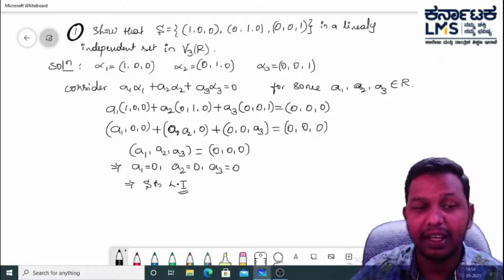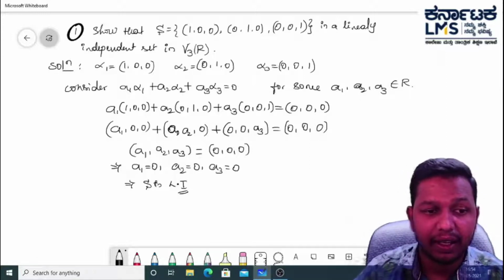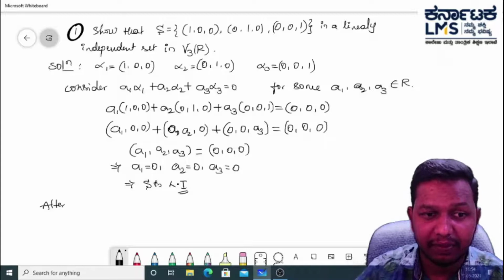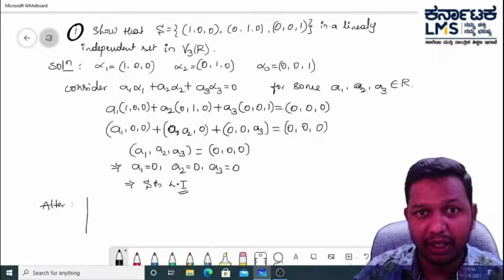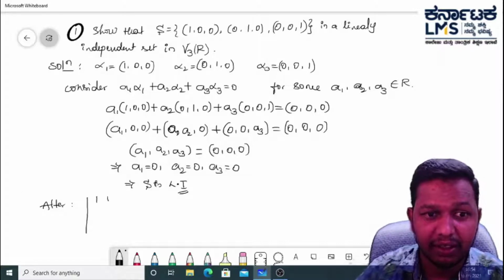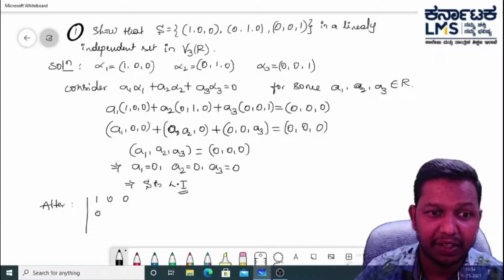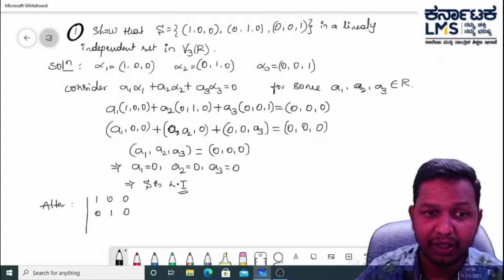Another method is there, that is, consider the determinant of the above vectors, that is 1 0 0, 0 1 0, 0 0 1.